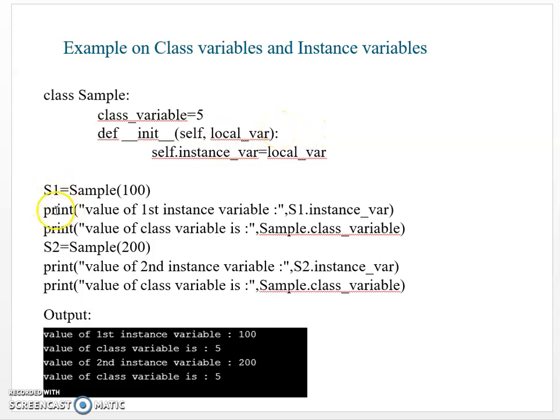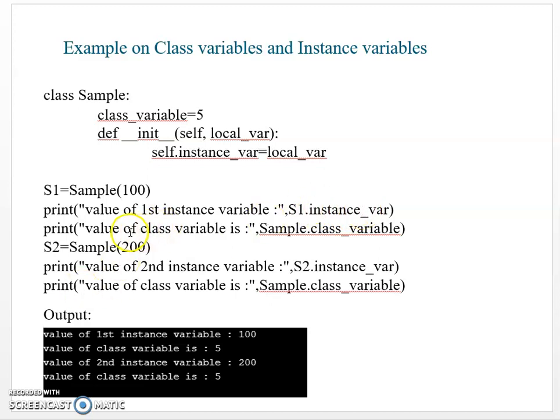So s1 object equals Sample(100). So the value 100 will be initialized for the local variable here, and then the instance variable. Means s1 is an object whose instance variable value is 100, and then I am printing this value on the console with the help of the object name: s1.instance_variable.